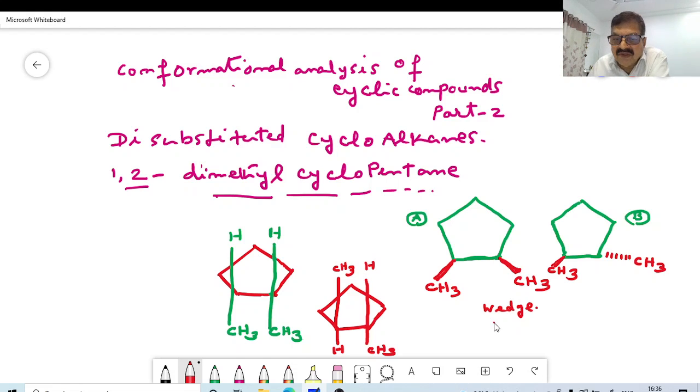So we have two kinds of representations here. In stereochemistry, I will be discussing these things in detail. This is only for your preliminary understanding.